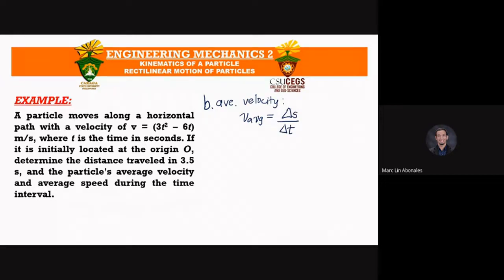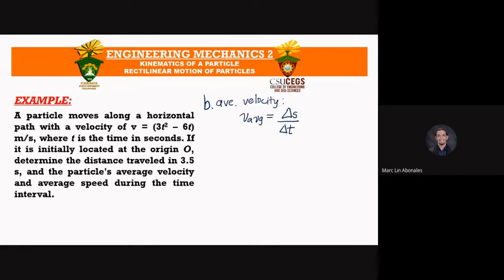And when we talk about velocity, it has the direction because velocity itself is a vector. And di ba kung delta, it defines final minus the initial. So for S or the position, final position minus the initial position.